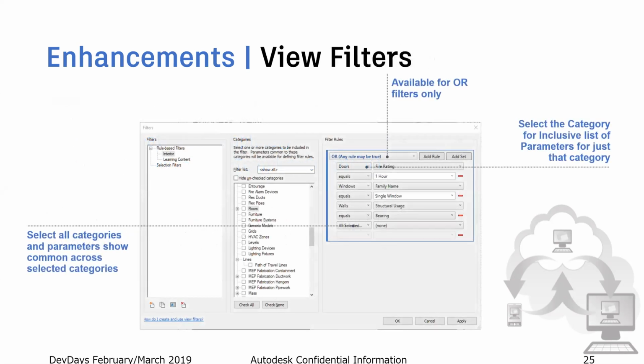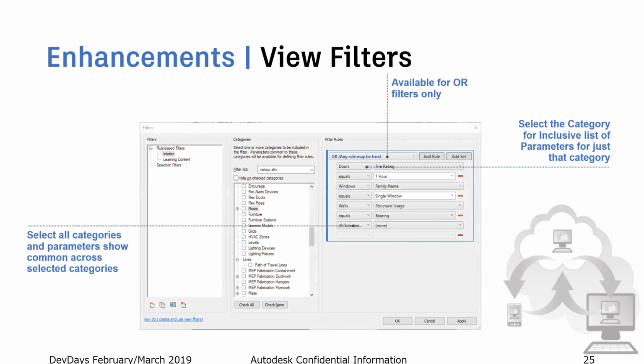The other enhancement that we've made is the enhancement to view filters. So a few releases ago, we added the ability to do OR in filters. But the feedback that we heard from a lot of our customers was that the way that filters work was too restrictive, because the properties that you could use in filtering were only the ones that were matched by all the categories, which didn't really make sense from an OR perspective.